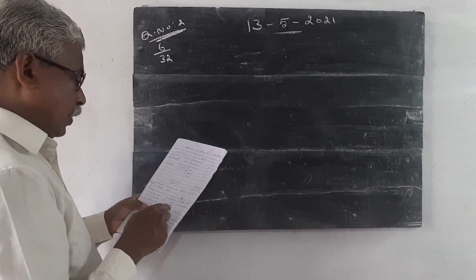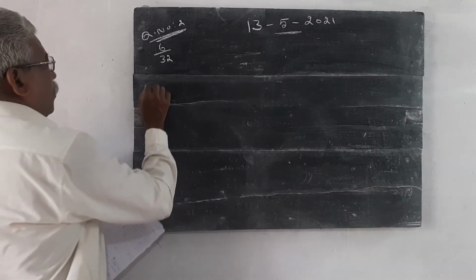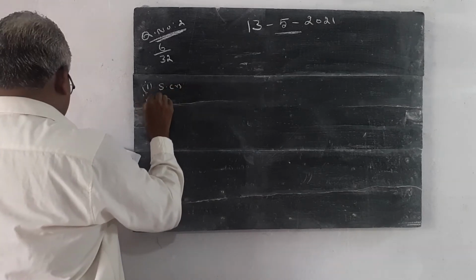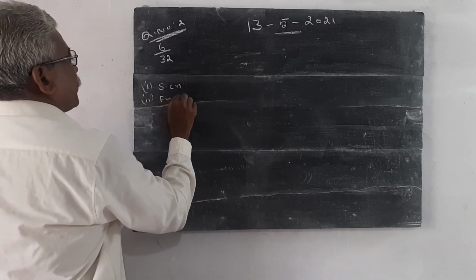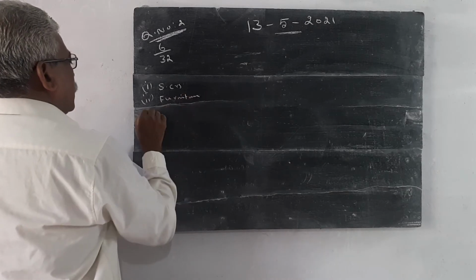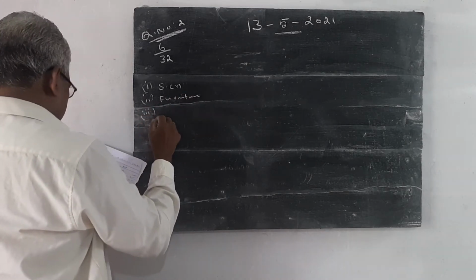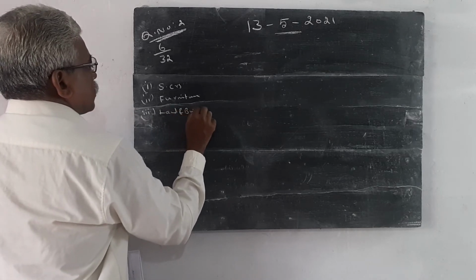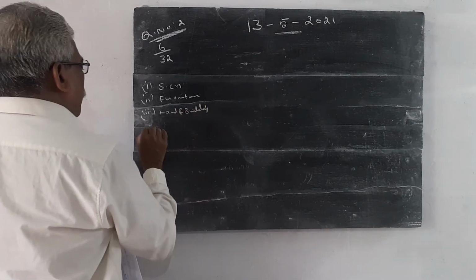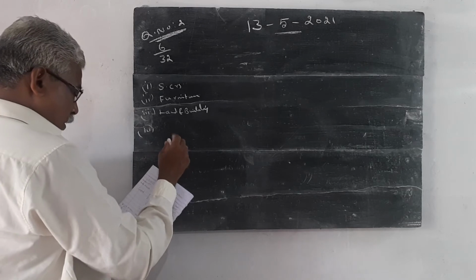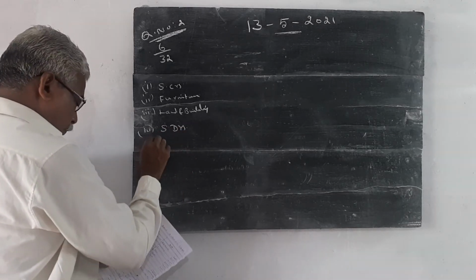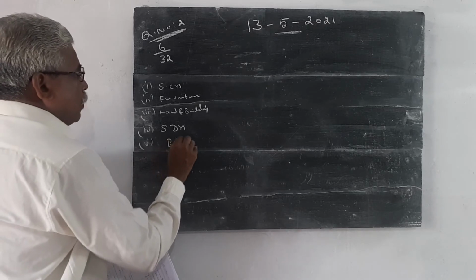Here also we have 8 points. Point number 1, sundry creditors. Point number 2, furniture. Point number 3, land and building. Point number 4, sundry debtors. Point number 5, bills payable.